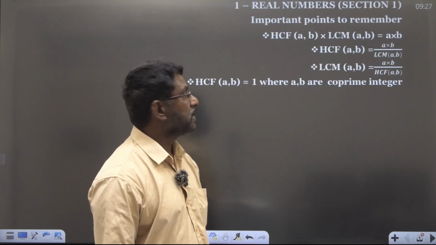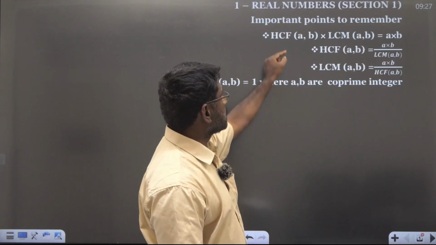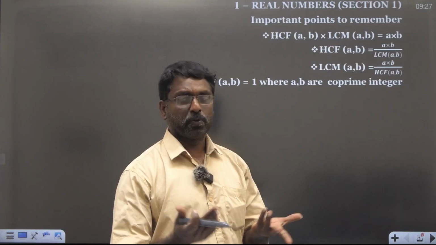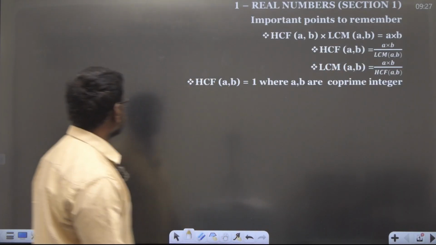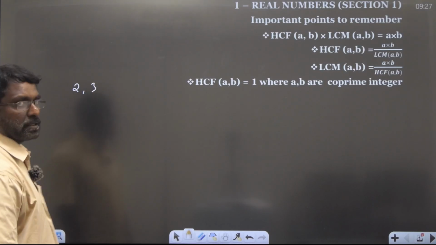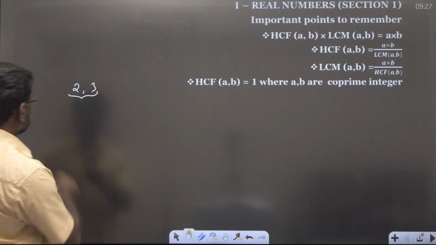What is its meaning? The meaning is, suppose A and B are two numbers. HCF of AB into LCM of AB, that is equal to the product of these numbers. Suppose the numbers are 2, 3. What is its HCF?